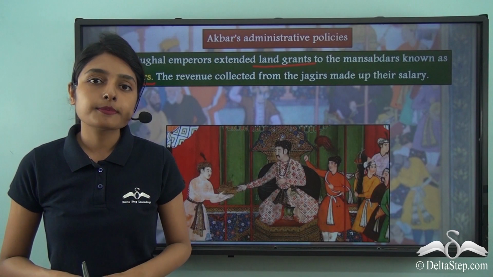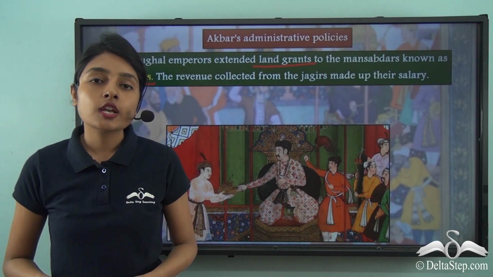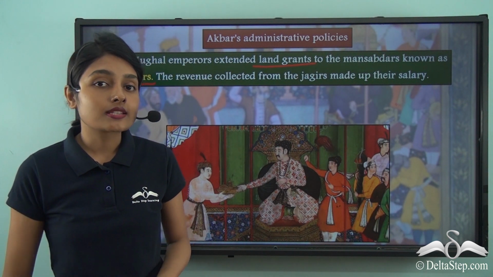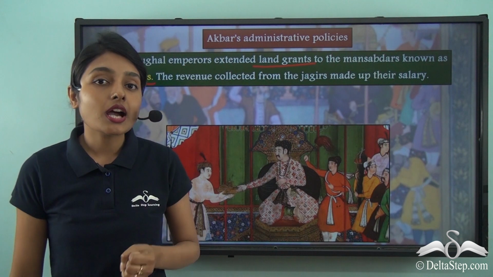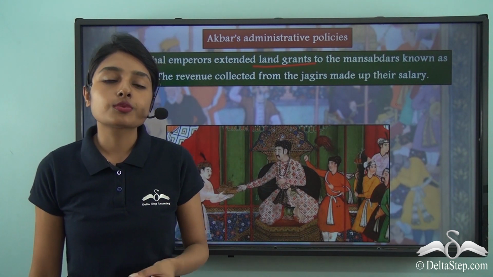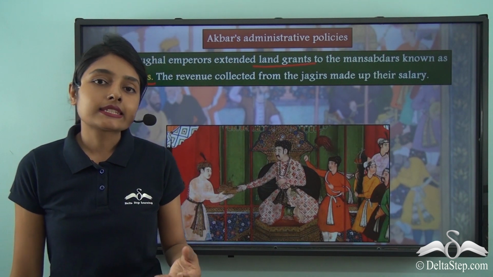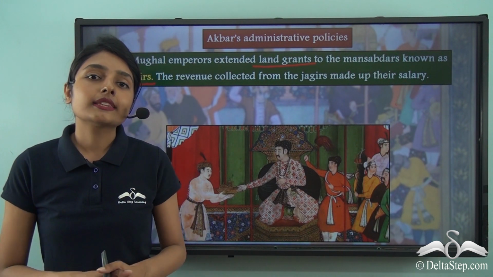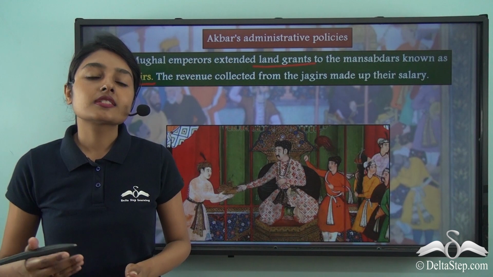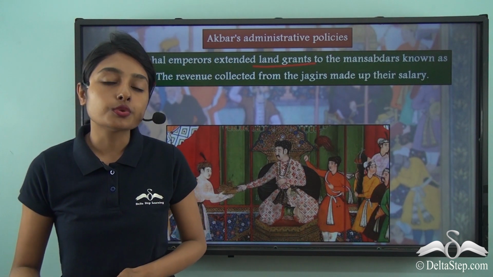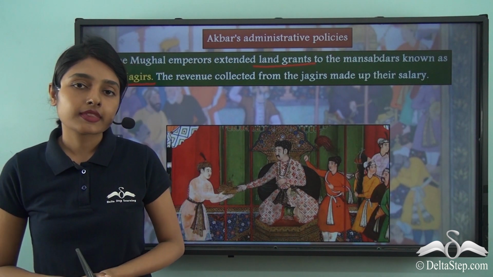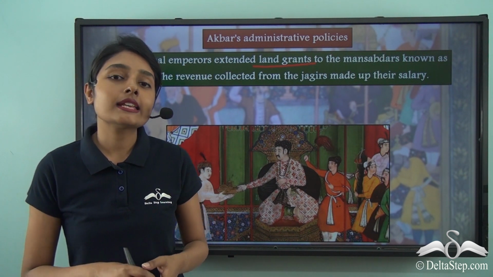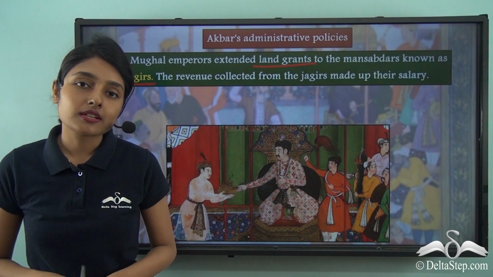Now these mansabdars used to appoint servants who used to collect taxes or rents from those Jagirs that were assigned to the mansabdars. And then these taxes were used as revenue by the mansabdars for the service that they rendered to the Mughal Empire. And in this way, the Jagirdari system worked hand in hand with the mansabdari system.